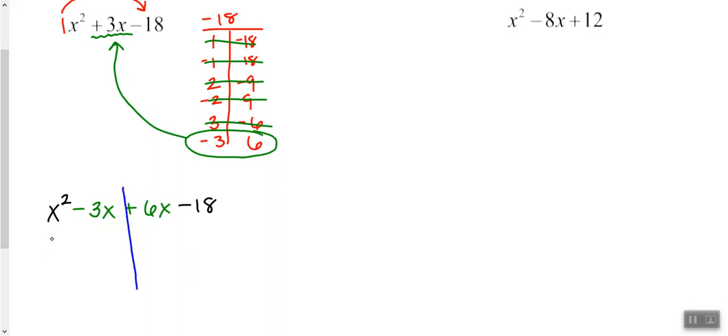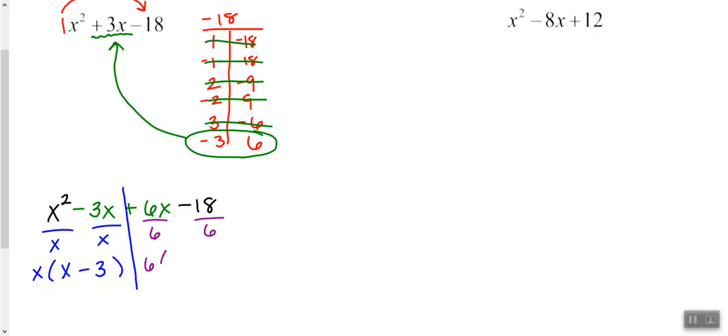So if we split this in half, what is the GCF of the first 2? Well, we could divide them by 1, but I'm not going to write 1 because I notice I can also take an x away from both of them. So x goes in front of parentheses, and I'm left with an x on the inside minus 3. And then my GCF of the second 2, remember greatest, I could divide them both by 3, but the bigger number would be 6.